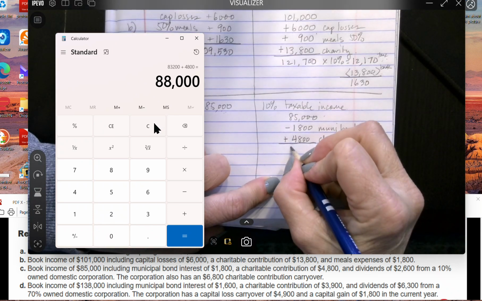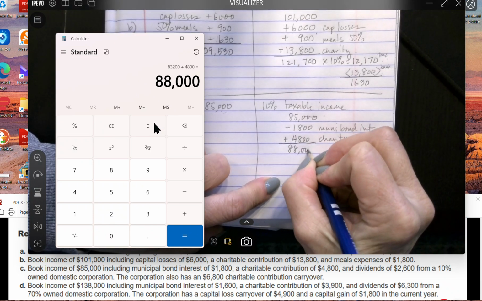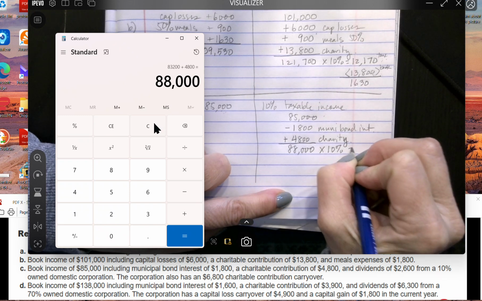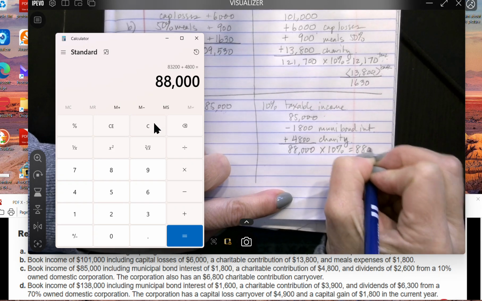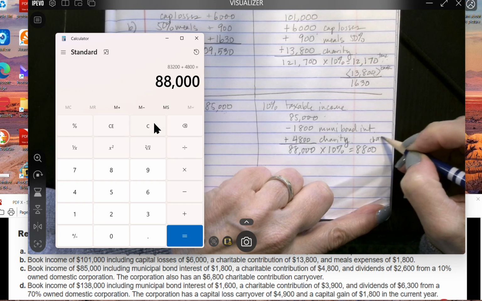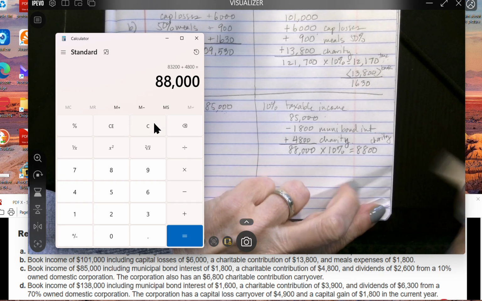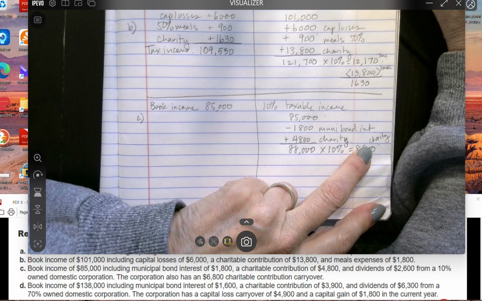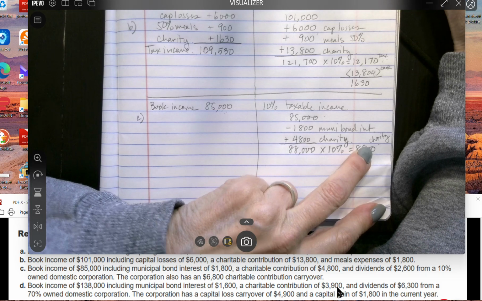So 88,000 times 10% is 8,800. So we can take an $8,800 deduction for charity.